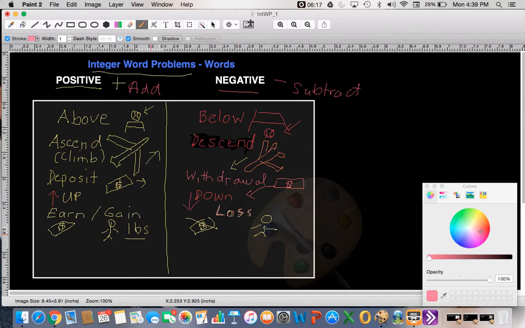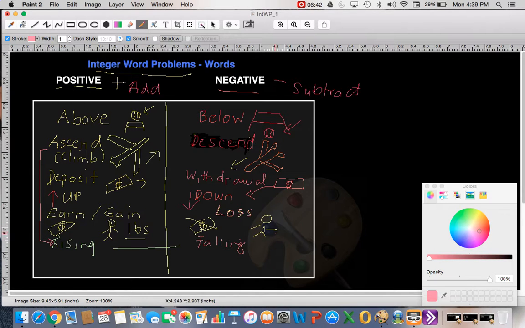Next would be rising or falling. The opposite of rising is falling. Rising is similar to ascend, going up, and falling is similar to descend, going down.